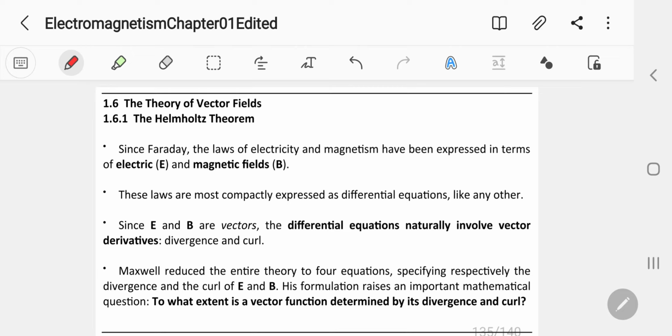Like for the electric field, we can have the potential, the gradient of the potential, and then for the magnetic field it would be the curl of a vector potential as the source of these fields.